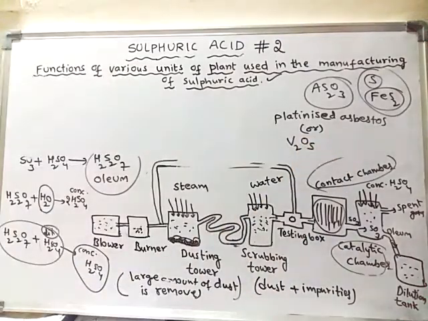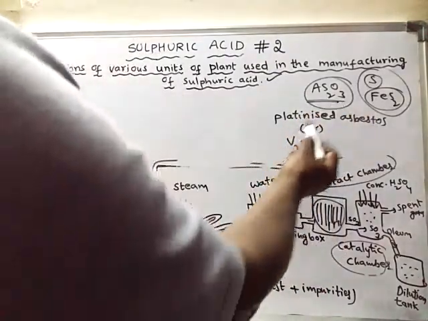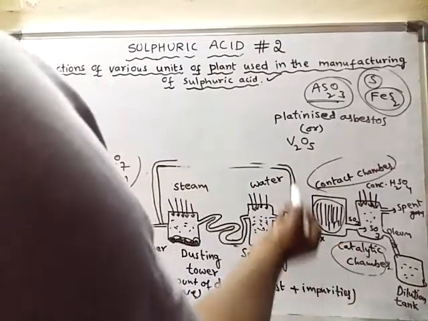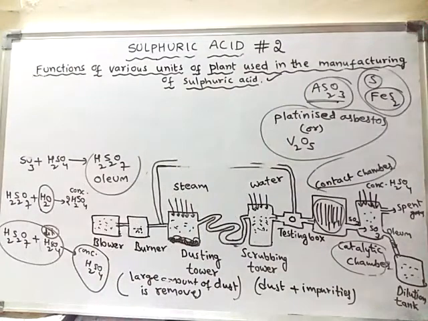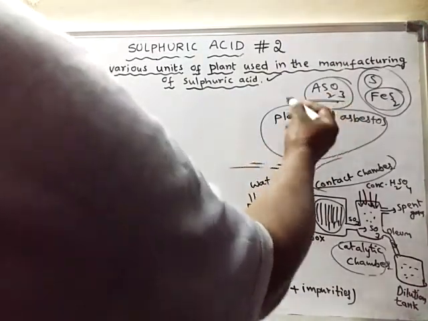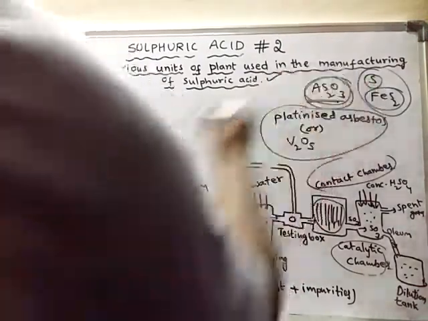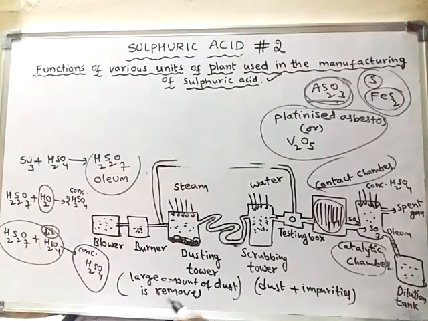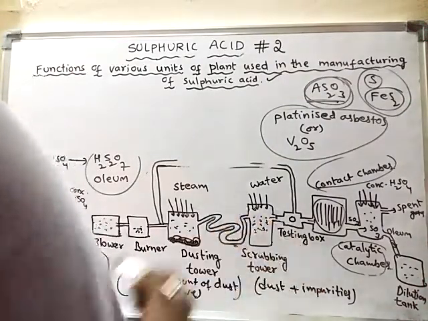Now what happens if arsenic oxide is present along with this gaseous mixture? It will poison the catalyst. So in order to prevent the poisoning of the catalyst, the arsenic oxide should be removed before the gaseous mixture is allowed into the testing box.